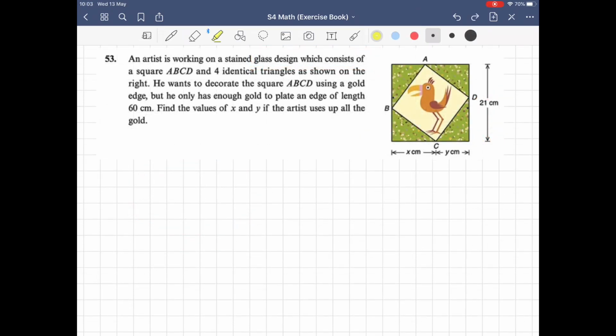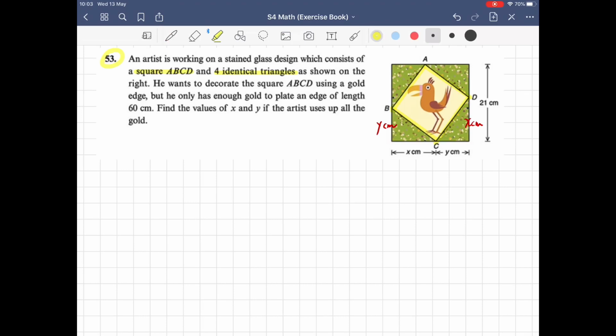Then let's take a look at question 53. In the question, there is a square ABCD and also 4 identical triangles. That means the 4 green triangles are all the same. So if one side of the triangle is x cm, then the other one will be y cm. Similarly, if one side is y cm, then the other side will be x cm.